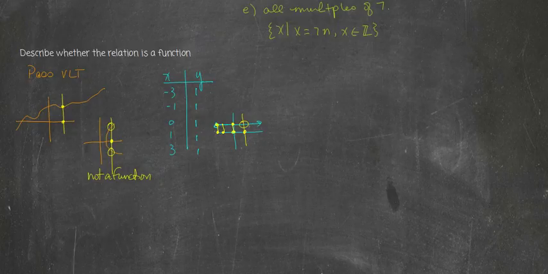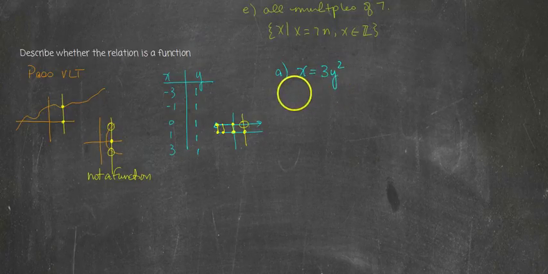When identifying whether a relation is a function gets tricky is when you're dealing with an equation or a formula rather than a picture or a table. So let's look at a couple of those examples. Determine whether y is a function of x. So if x equals 3y squared. Well, in this case it's hard to tell, so let's solve for y because it's easy to tell once you solve for y.